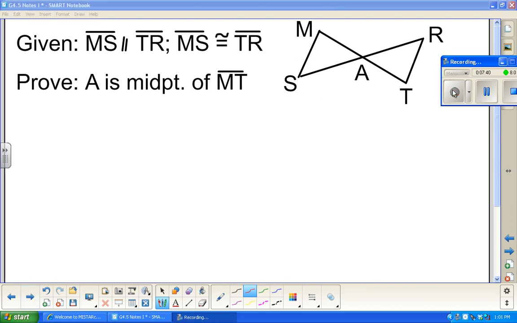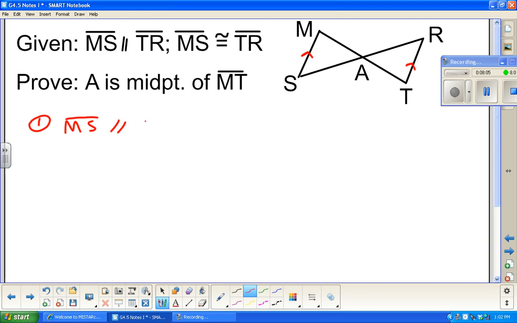Okay, and let's start marking the picture and get some givens out of the way. So, MS parallel to TR. Okay, how do we mark that on the diagram? Yeah, the little triangle arrow things, right? So let's make that our first statement.